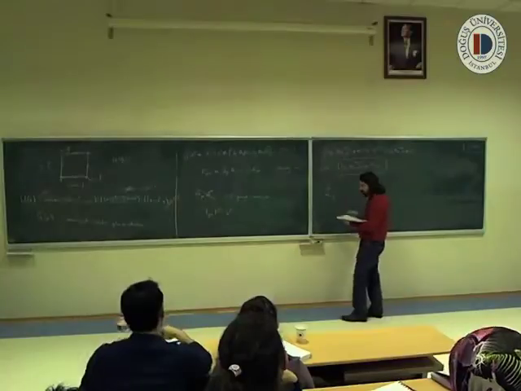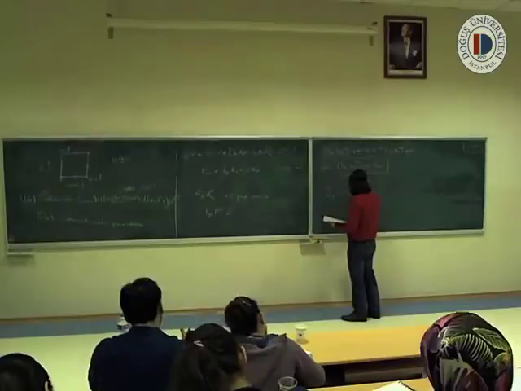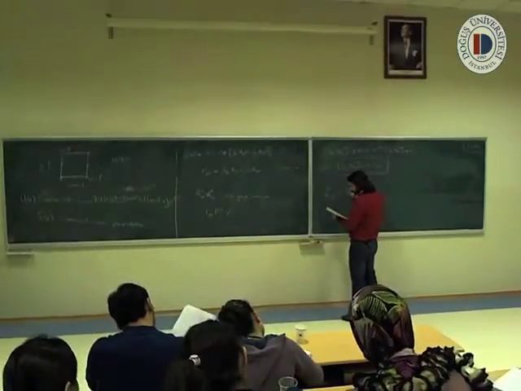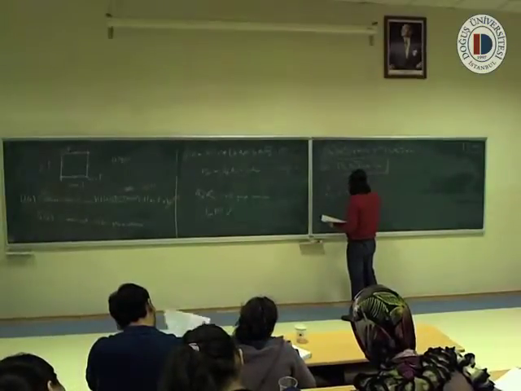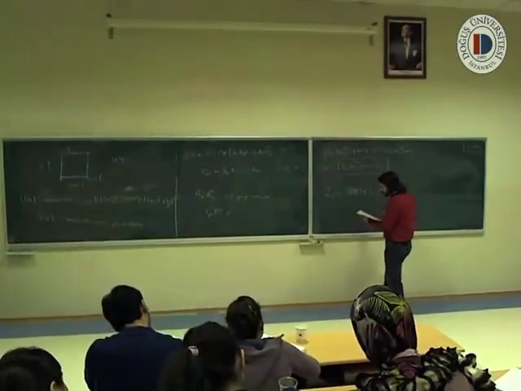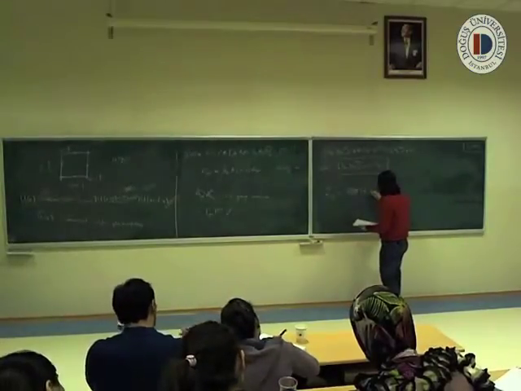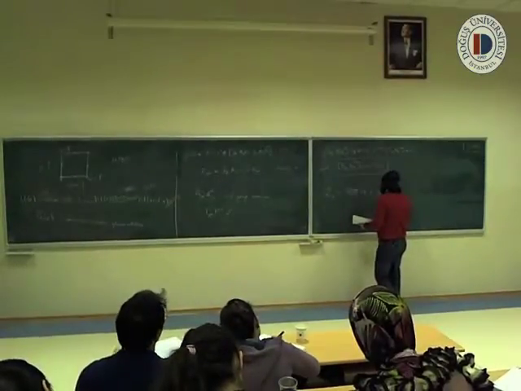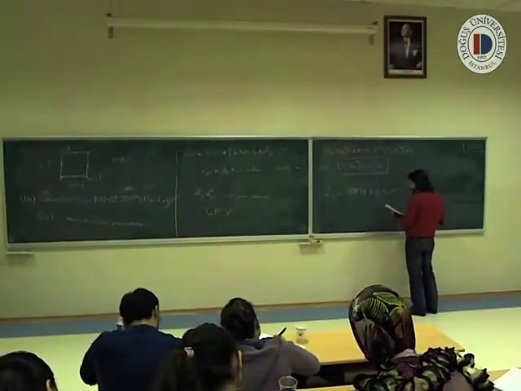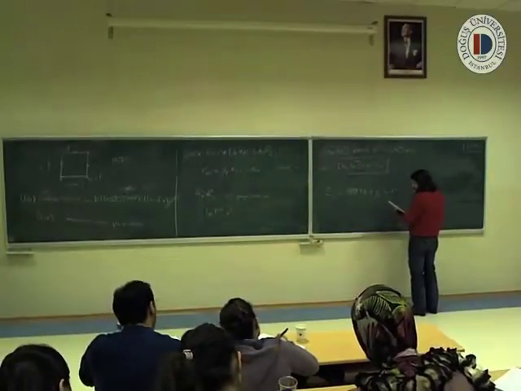Okay, the dimension 4 operators are... so this is an allowed operator, an allowed term. You know this one. This is allowed too. But you have something more interesting. What is this one?